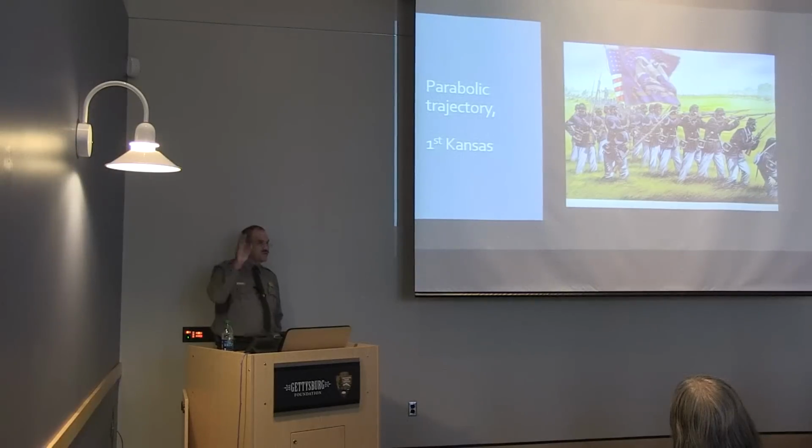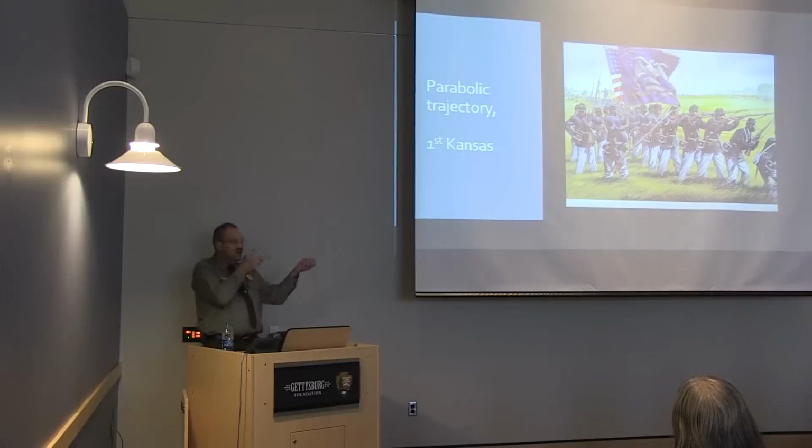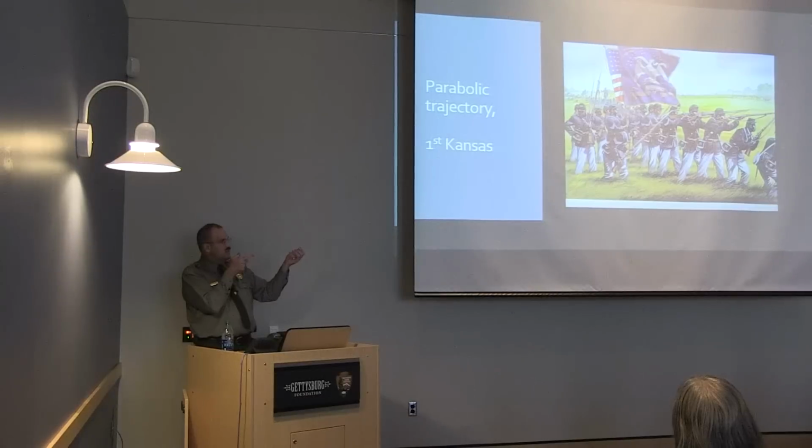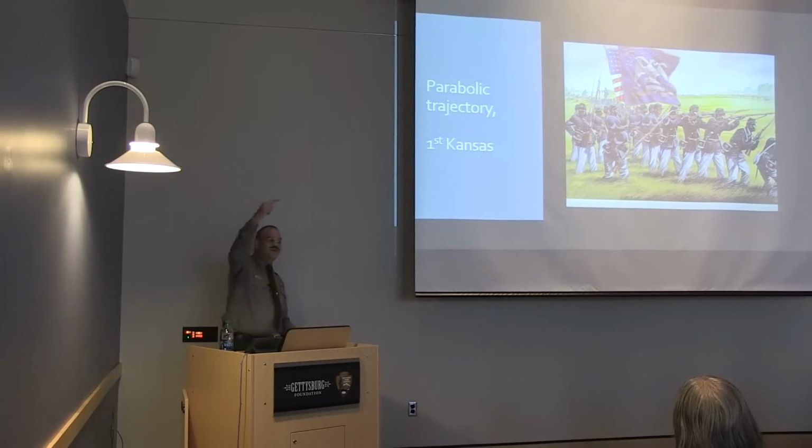If you've been with me on tours out in the field, you've heard me say that on occasion. Parabolic trajectory is the arc flight to a rifle. If you've ever fired a rifle even now, you don't fire the barrel level. Because of the curvature to the flight, the ball will curve right into the ground way short of its mark. So if you're firing at something a football field's distance or more, you need to slightly raise the rifle. So you aim high, and then the ball curves. And there's a precision to all of that.